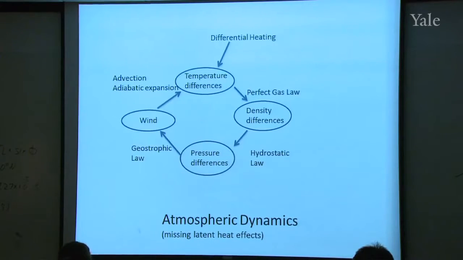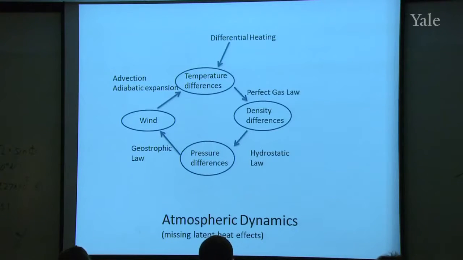Now, the general circulation is pretty complicated, and other aspects of atmospheric motion, such as storm development, are pretty complicated. And in a course like this, we can't go into all the details, but I did want to give you a broad outline of how the atmosphere moves, what drives it, and kind of what affects what, cause and effect around in a loop.